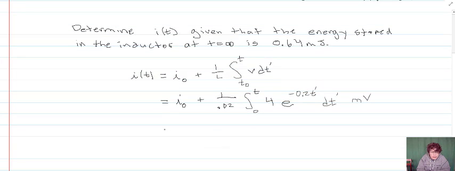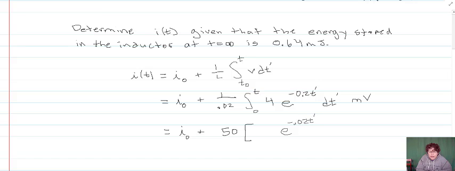And so when we do this integration, we get I naught plus 1 over 0.02 is 50. And then this integral, remember when you take the integral of an exponential function, it is just going to be that same exponential function.